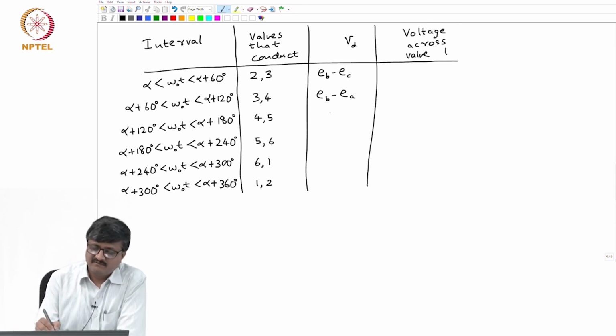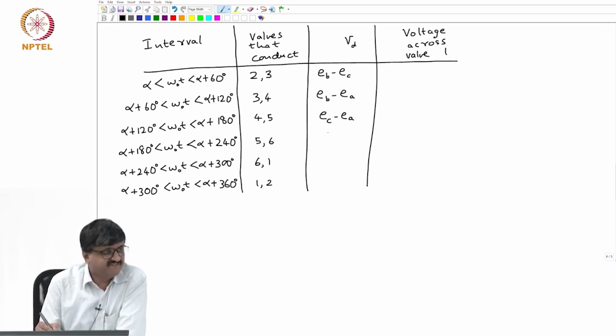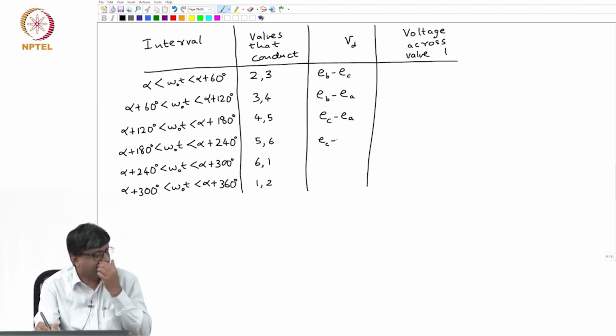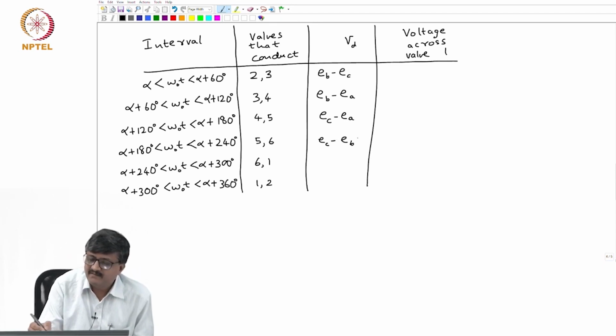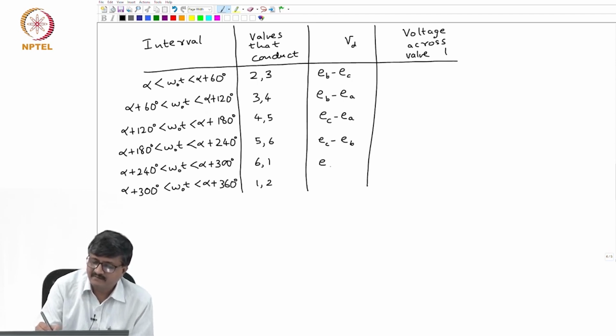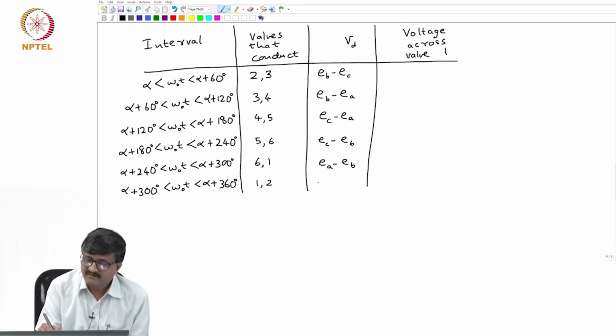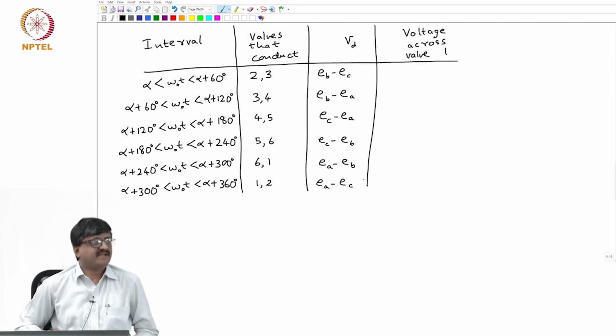When 4 and 5 conduct, EC minus EA. When 5 and 6 conduct, EC minus EB. Fine. Then when 6 and 1 conduct, EA minus EB. When 1 and 2 conduct, EA minus EC. Fine. This can be easily obtained from the circuit diagram.